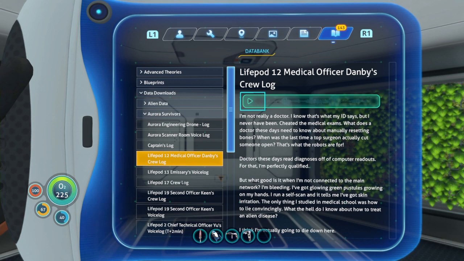And there we have it. This was medical officer Dan the man, his final words that was recorded and that we found on a PDA in Lifepod 12. This one gives us a tiny bit of backstory on the character himself and how exactly he died. Why exactly he died, I'm not entirely sure, because technically nothing really adds up.